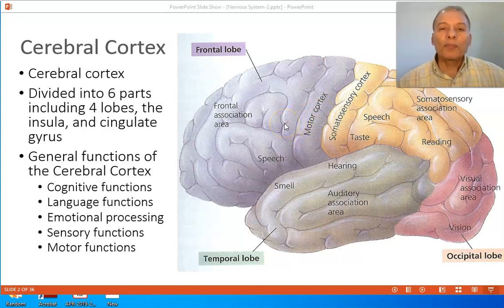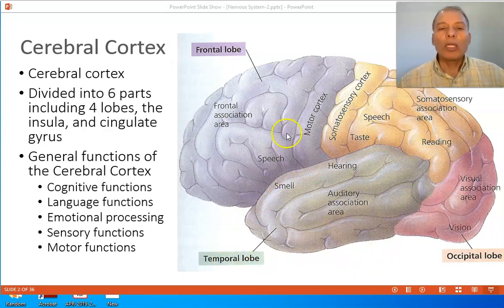Another thing is that instead of the word lobe, you could also use the word cortex. For example, you have the frontal cortex that includes all of this area, or you can call it the frontal lobe, the parietal cortex or the parietal lobe, the occipital lobe or the occipital cortex, and then the temporal lobe or the temporal cortex.